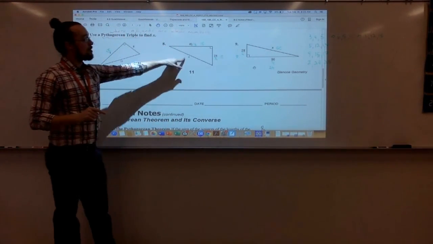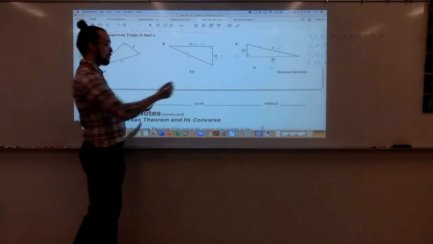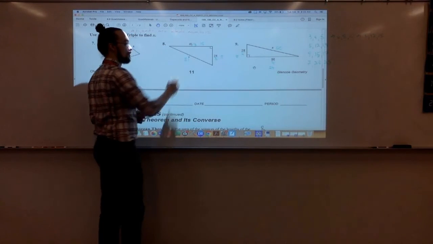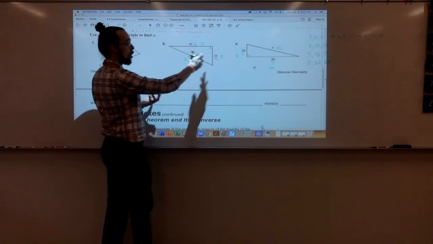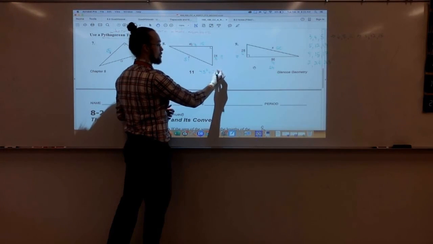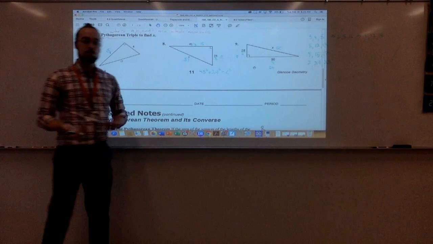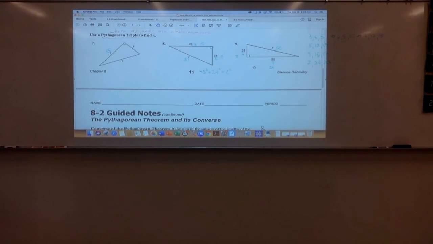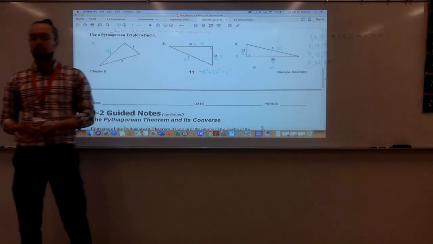So that means this side would be 17 times 3, which is 51. But if you don't like that method, you could always set this up as 45 squared plus 24 squared equals c squared and solve using the Pythagorean theorem. Just if you recognize a Pythagorean triple, it saves you some work.